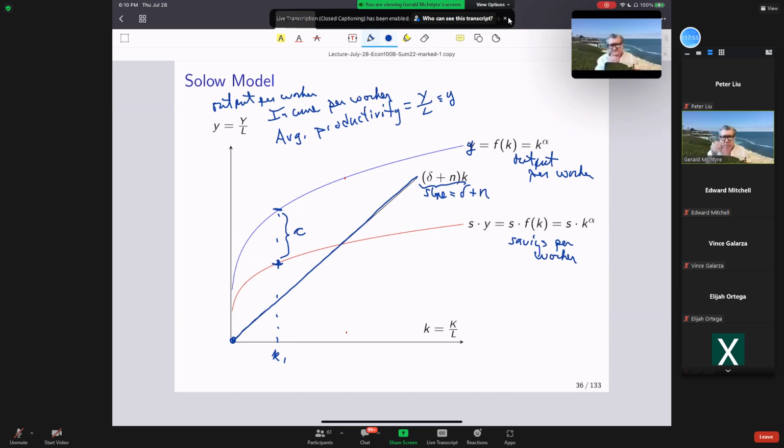That has to be somehow kind of like an investment line. If this is savings and this is the steady state where it intersects this line, that has to be some kind of savings line, investment line. And we call it break-even investment.